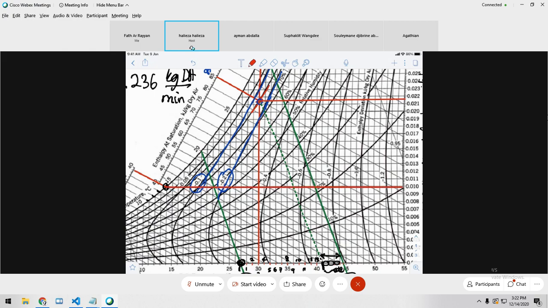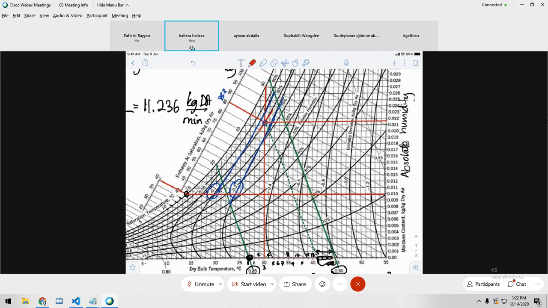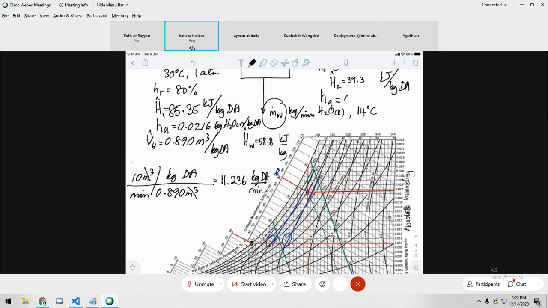Don't really need to draw a straight line because you can read it off from the graph itself. There's already a horizontal line there at that 14 degrees C. So it's 0.01. Let's get it written down here. 0.01 kilogram water vapor per kilogram dry air.